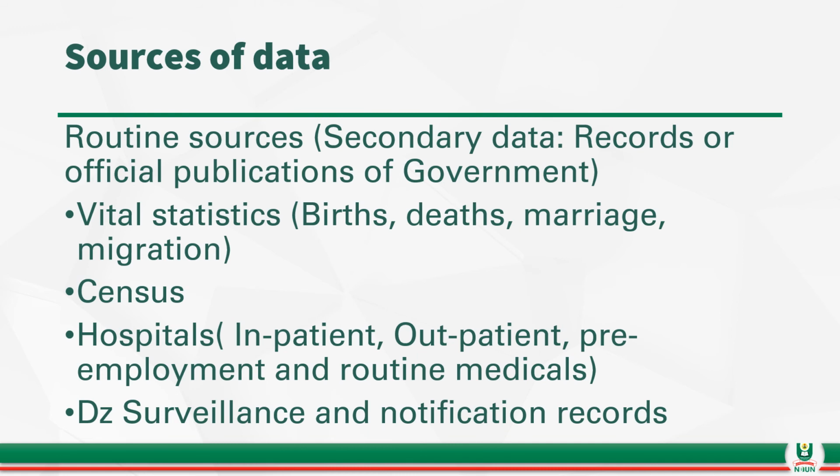Data from hospitals like patient admissions, outpatients, pre-employment and routine medicals. Information you get from all that are actually routine sources of data. Disease surveillance in public health departments, Ministry of Health, an agency of Ministry of Health like Nigerian Center for Disease Control, notification records, National Primary Healthcare Development Agency, COVID-19 vaccination records. They are all sources of data, and they are called secondary data.